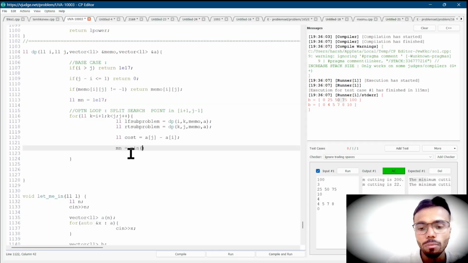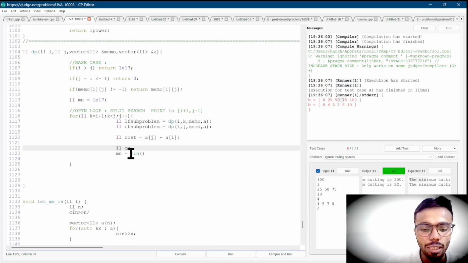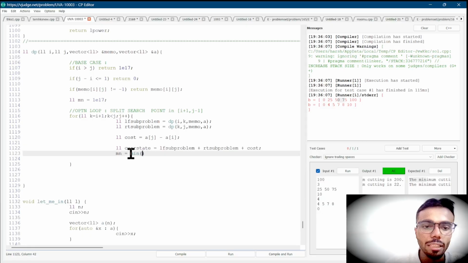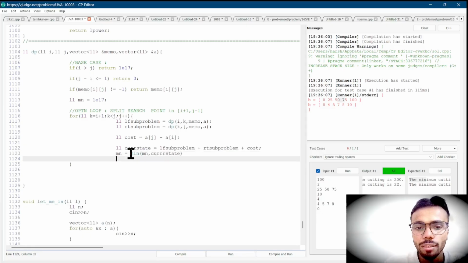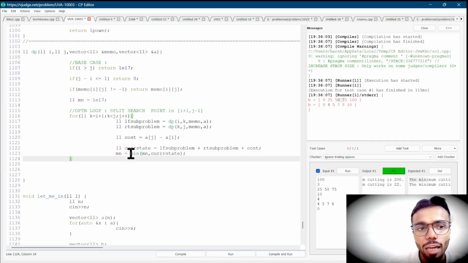So the minimum will be the minimum of itself and our current state. What is the current state, guys? Just the addition of all: left subproblem plus right subproblem plus the cost. So I need to find the minimum of the minimum and the current state so that I calculate the optimal state for dp[i][j].